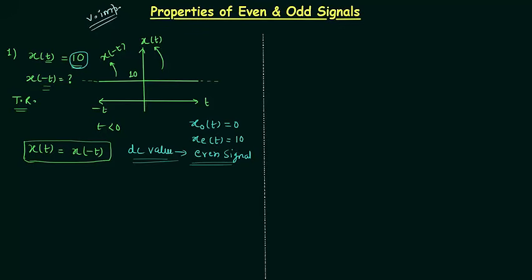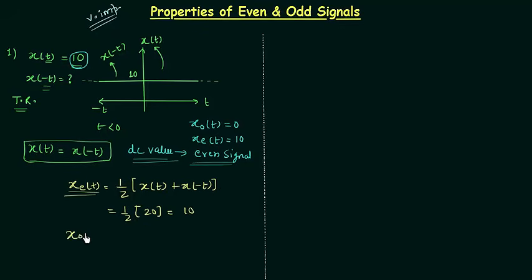We can also calculate the odd and even components by using their formulas. The even component xe(t) is equal to 1/2 times the bracket x(t) plus x(-t). So we have 1/2 times 10 plus 10, which is 20, so we will have 10 as the value of the even component.